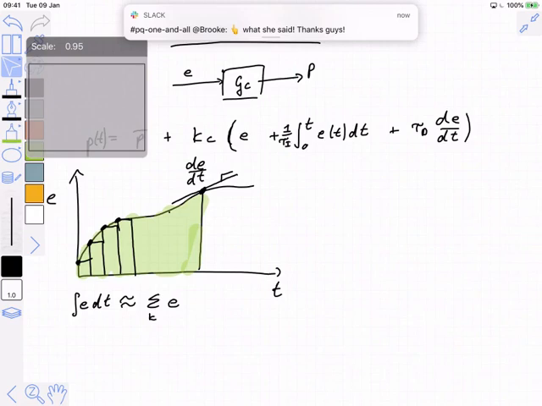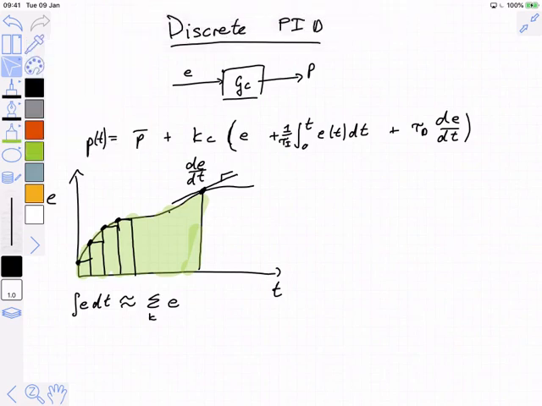If we're trying to say the discrete version of E is a series, then I would just write Ek.